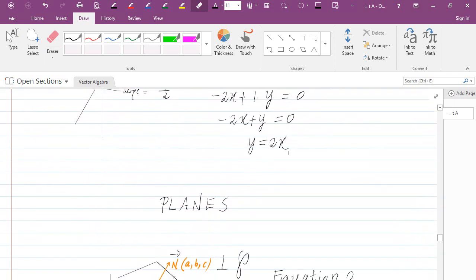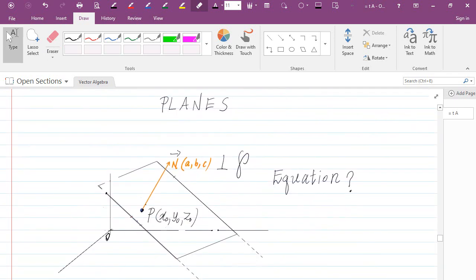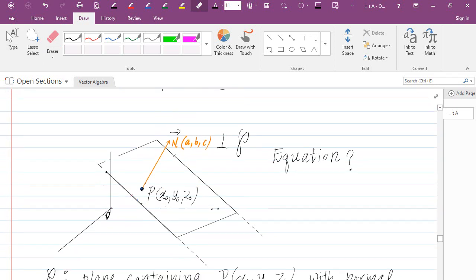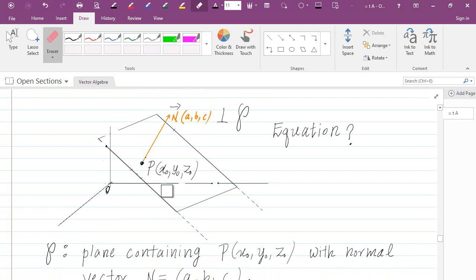planes. So let's say I have a plane, which I'm calling the plane script P, and let's say the plane passes through the point P, where the components of P are x naught, y naught, z naught, and let's say that the vector n, where the components of n are a, b, c, is perpendicular to the plane.